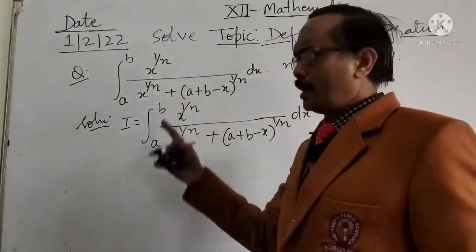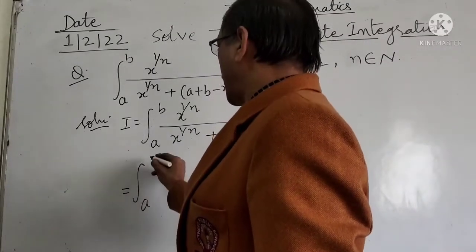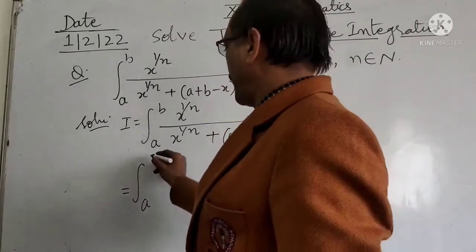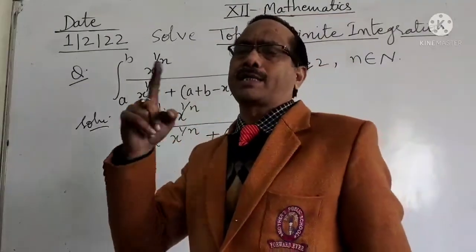Now applying the same property of definite integration. So it is the limit a to b, where x is replaced by a plus b minus x.